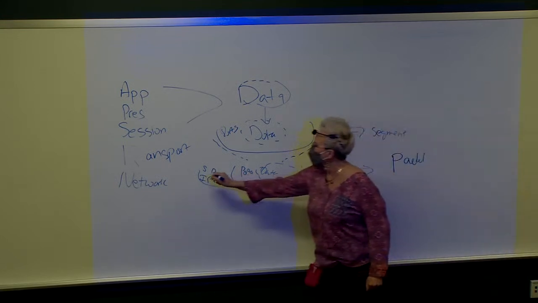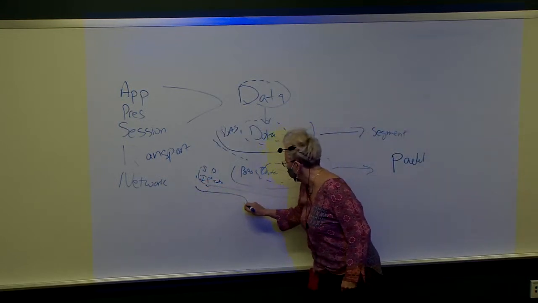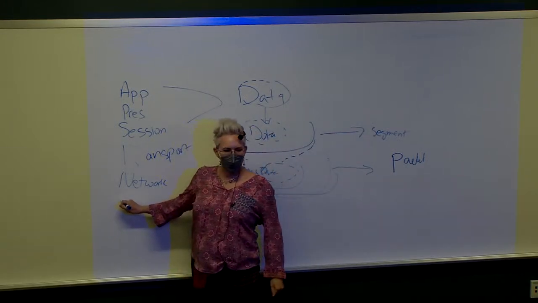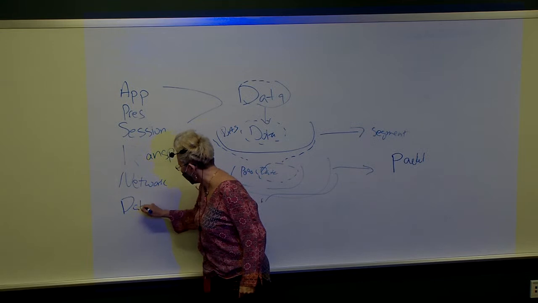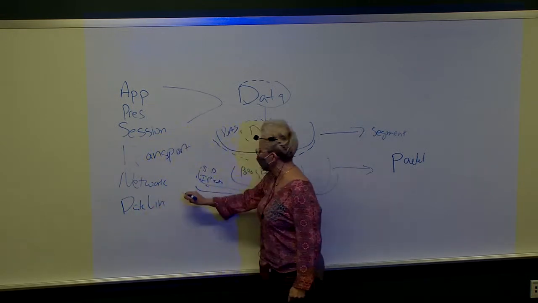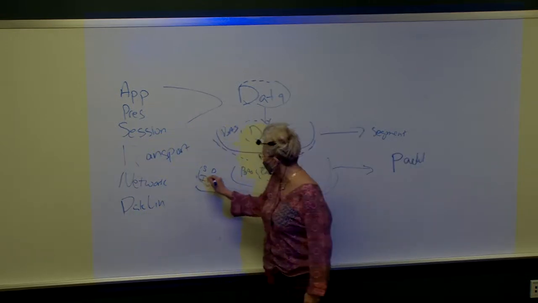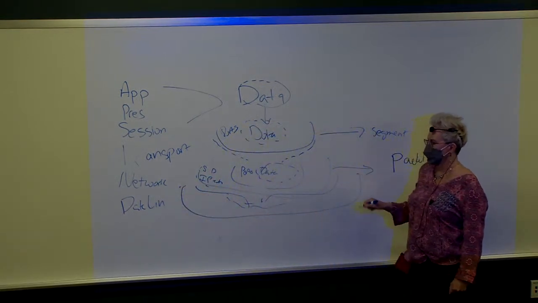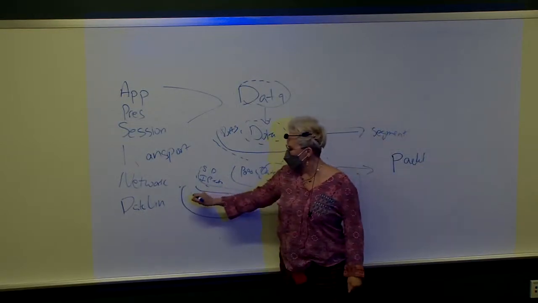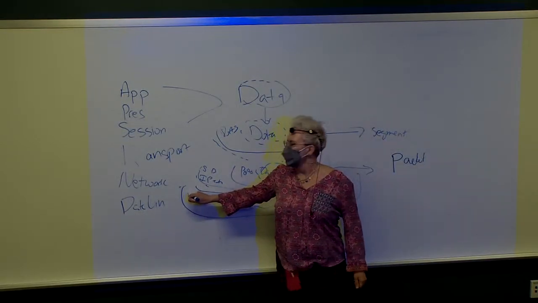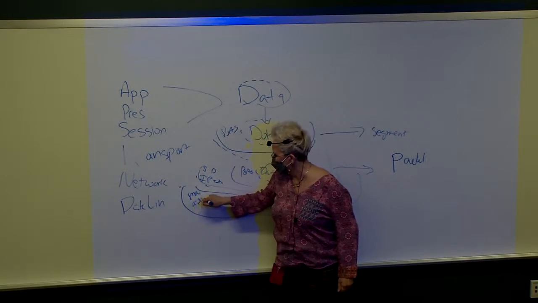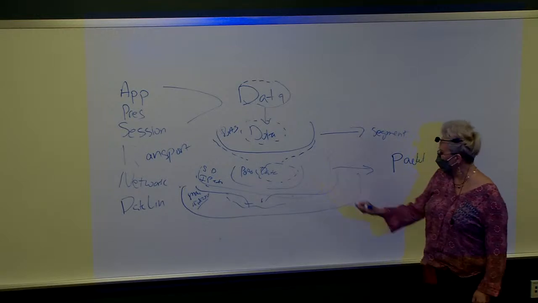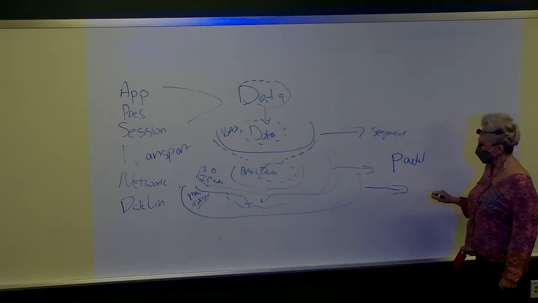Okay, now all this stuff gets wrapped up and pushed down to what layer? The data link layer. Okay, so now at the data link layer, what happens to all of this? It gets encapsulated, and now what does it pick up? It picks up MAC addresses. It picks up a bunch of stuff, but it primarily picks up MAC addresses. Now that it's got all this stuff on it, what do I call it?